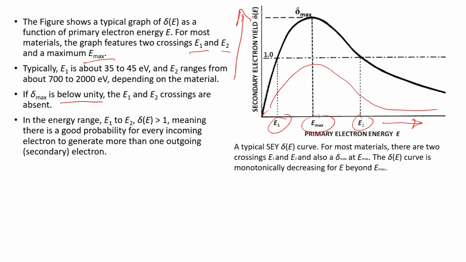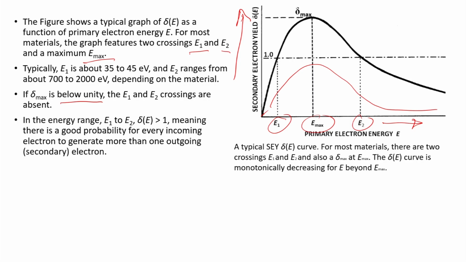The greater the delta, the better; for example, if it is 2, then one electron is capable of giving you two.